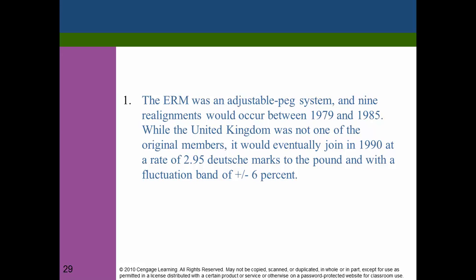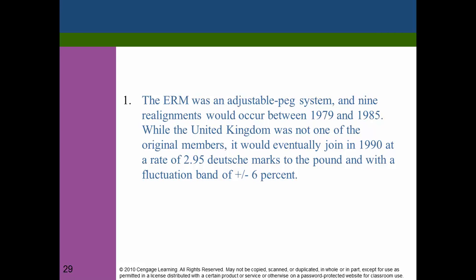While the UK was not one of the original members, it would eventually join in 1990 at a rate of 2.95 Deutschmarks to the pound, and with a fluctuation band of plus or minus 6%. So we already had some countries as part of the European system, and the UK came after some time.